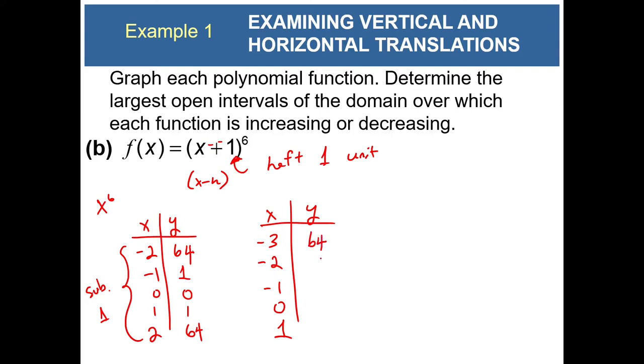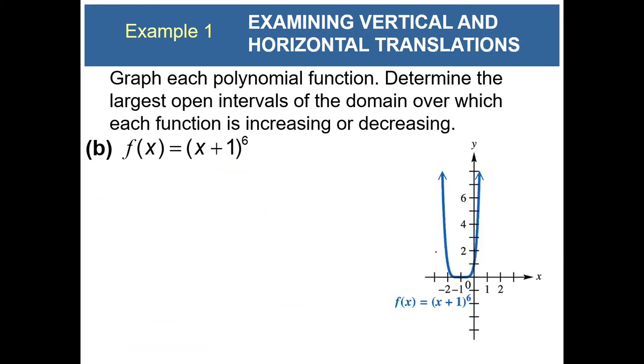And the y coordinates stay the same. They're not affected. So now we can plot this on graph paper so we can know what this looks like. And here's our graph. It looks like x^6, and it is shifted to the left 1 unit. You can tell by the vertex here at the bottom.